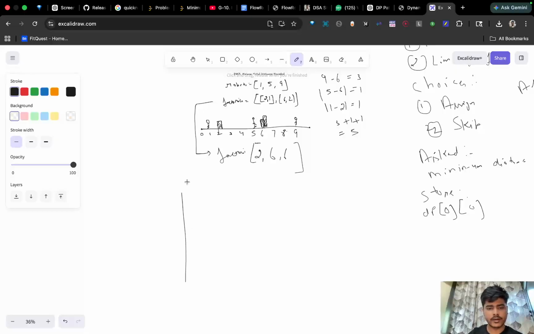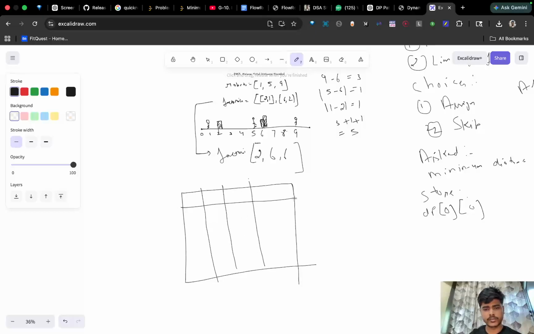Let's create a table with 4 rows and 4 columns. Let's write the robots here, 0 1 2 and 3, and the factories here 0 1 2 and 3.